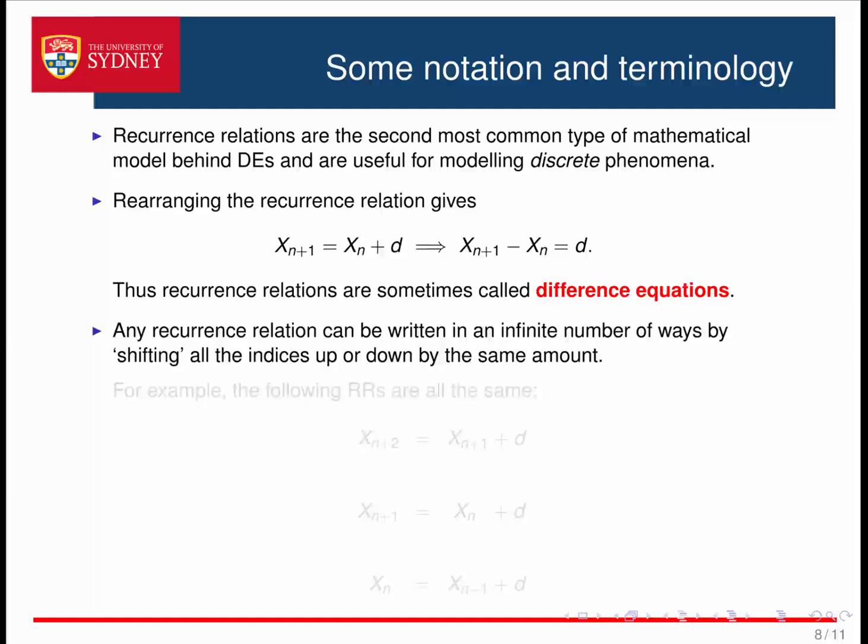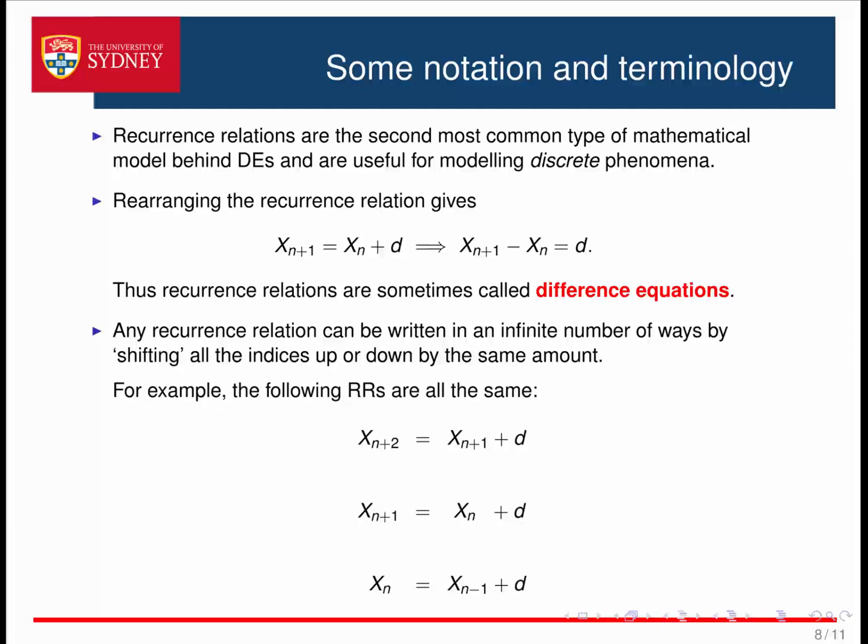As we've seen above, we can rearrange a recurrence relation to be in the form of a difference equation. And in general, there are many different ways of rearranging a recurrence relation to give different looking equations. But even more than this, there are other quite different looking recurrence relations that will produce exactly the same sequence of numbers.